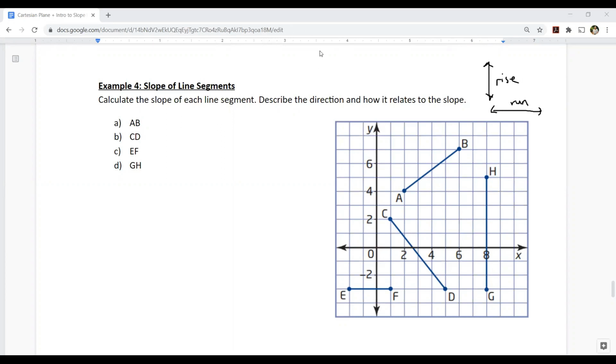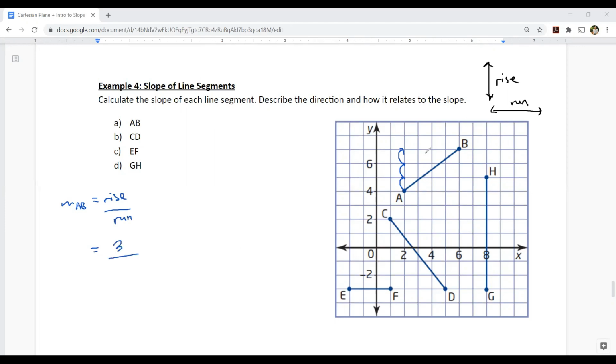So if we do segment A, if we're going from point A to point B, think of it as going up 1, 2, and 3 units. So we could write m_AB equals rise over run, and we could say that that's equal to 3 so far.